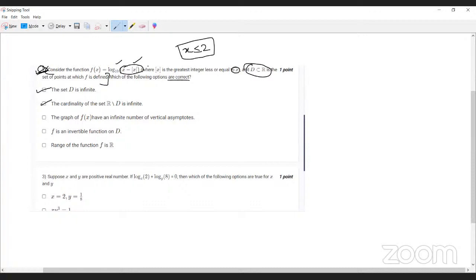Here we are simply saying that x will be less than or equal to this value, so the output will always lie in 0 to 1, right? So for all the numbers, there will be an infinite number of vertical asymptotes.